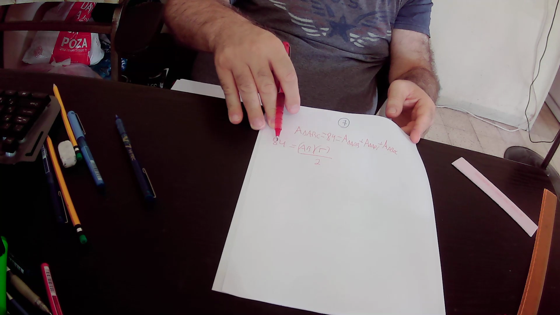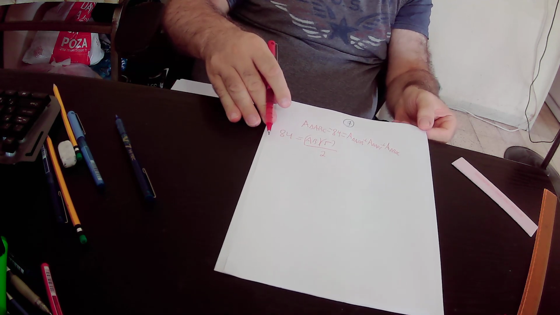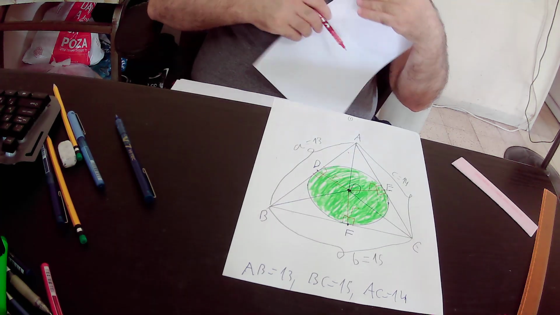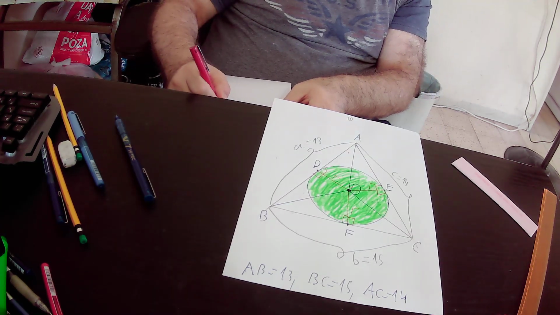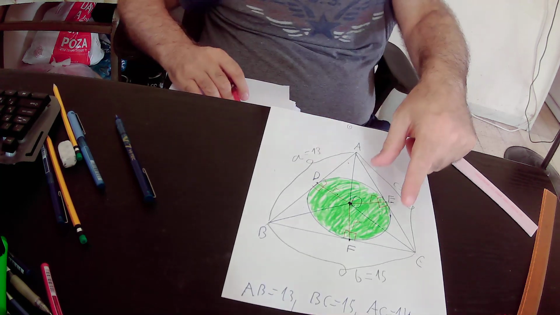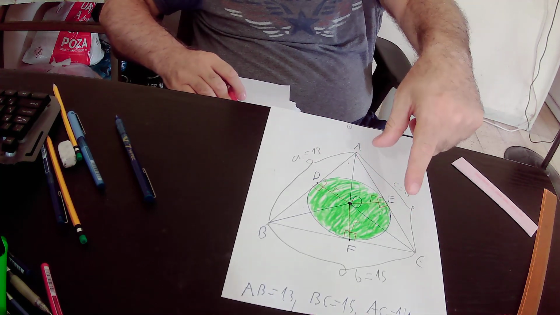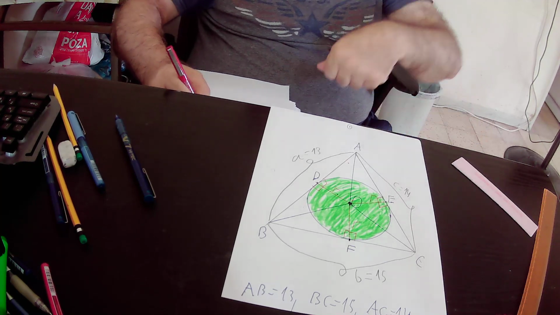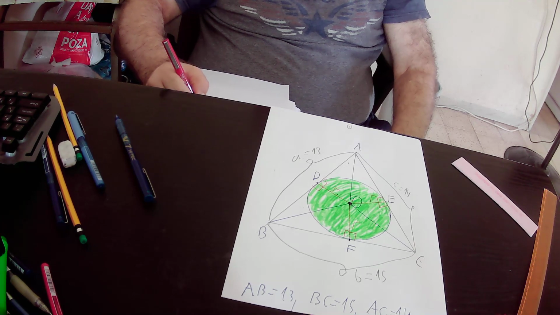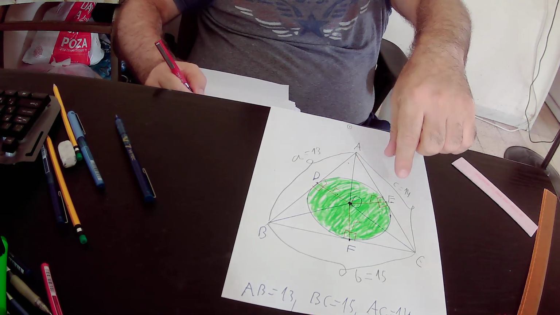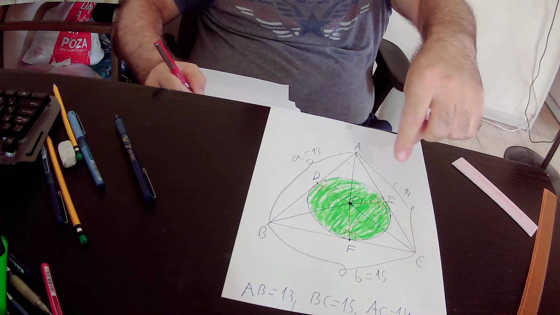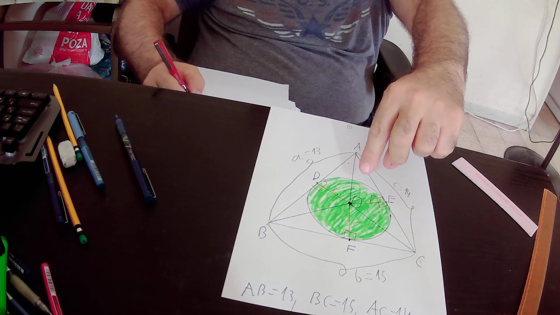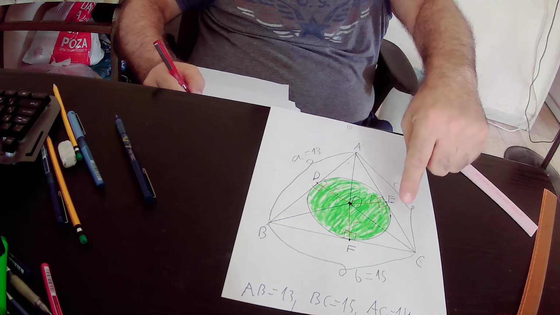We also can find the area of triangle AOC in the same way. The area of triangle AOC equals the base of the triangle, that is AC, times the height to the base. The height must create 90 degrees with the base AC. Therefore, the height of triangle AOC is the radius of the green circle, because the radius creates 90 degrees with the base AC.